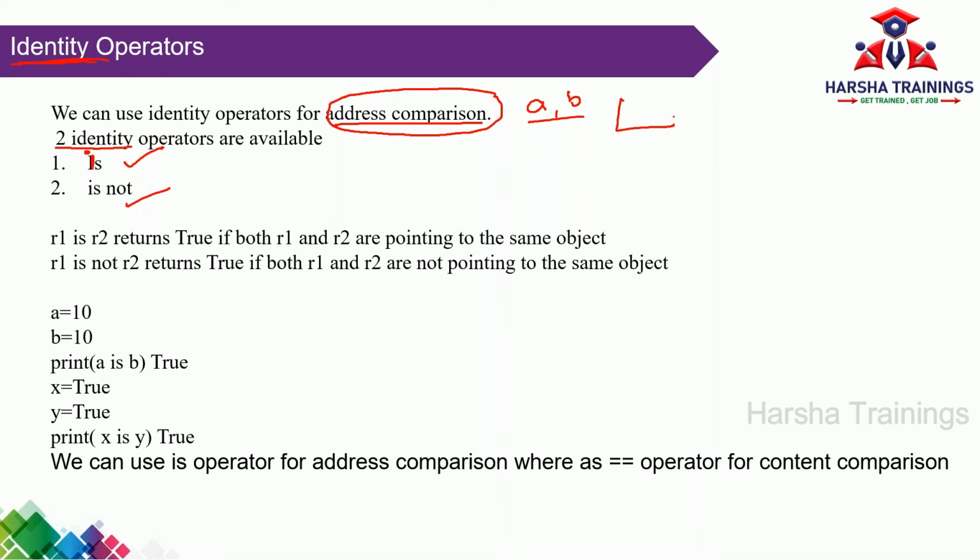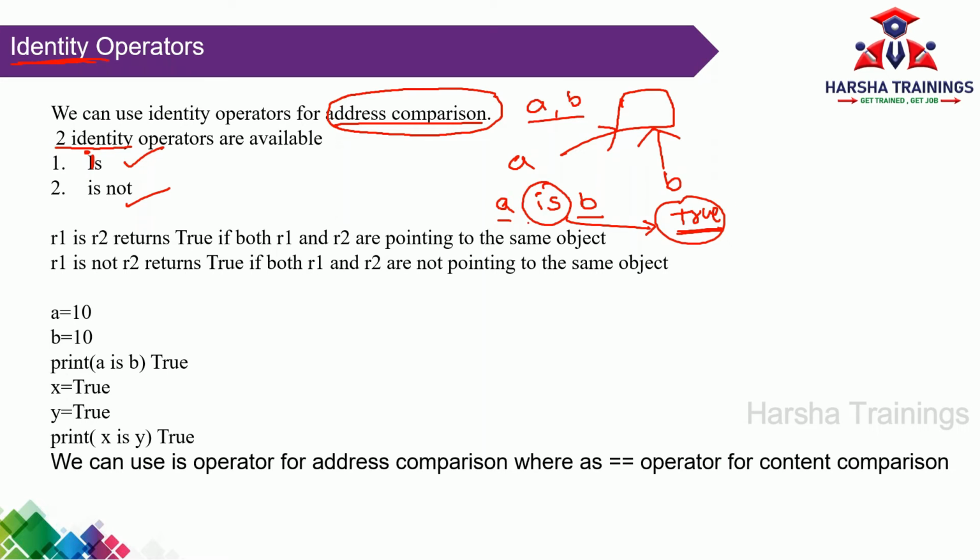If A and B point to the same memory location, if A points to this memory location and B also points to the same memory location, then A is B. What happens? The 'is' operator returns true or false. Remember, for identity operators the result is true or false. If both point to the same memory location, the result is true.